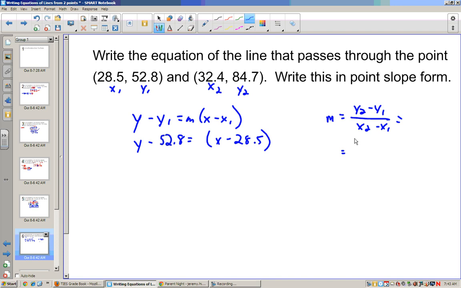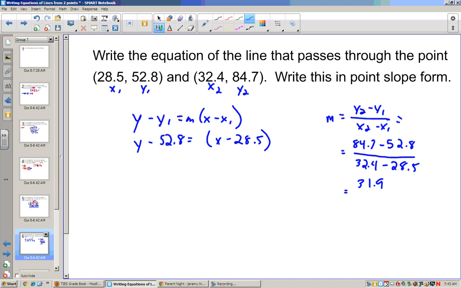So that's going to be 84.7 minus 52.8, all divided by 32.4 minus 28.5. So if I subtract the numerators, I get 31.9.